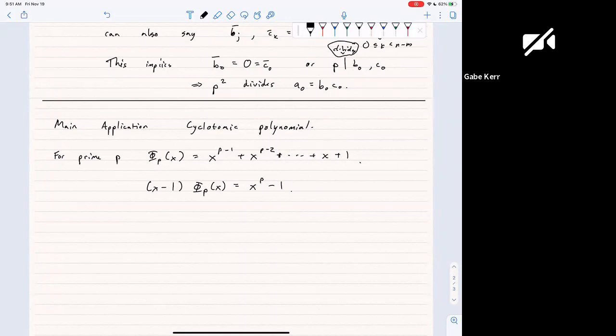Now, let me just make a comment. Our goal, which is going to be an easy goal to accomplish in a minute using Eisenstein's criterion, is to show that this is irreducible for any prime. Now, why would you want to know that? Well, it's often important to know whether or not you can get roots of unity.